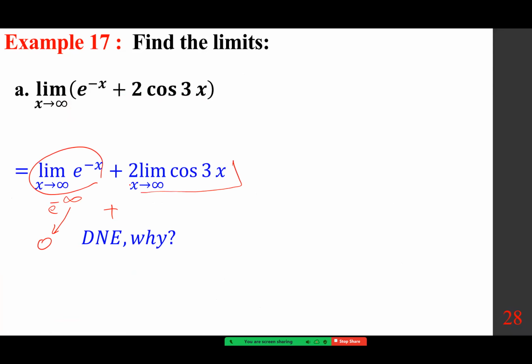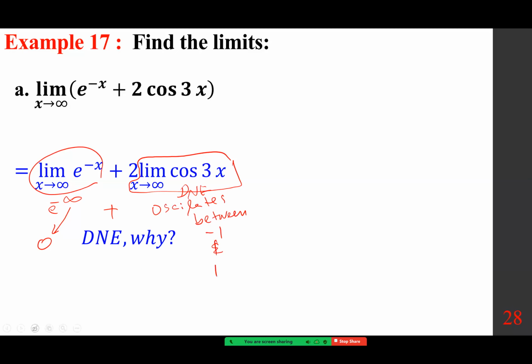But this is the one. The limit of sine or cosine as x approaches infinity doesn't exist. Why? Because it oscillates or alternates between negative 1 and 1.